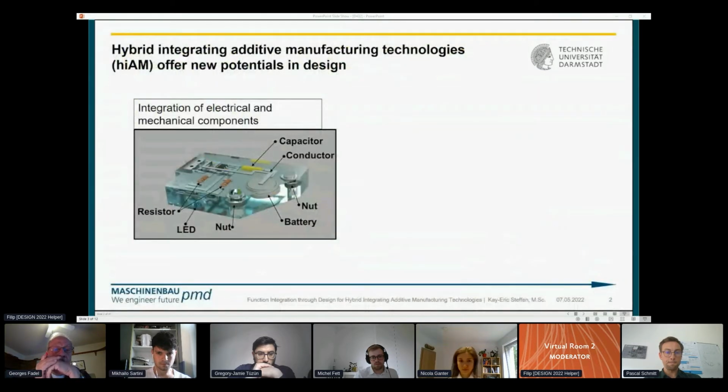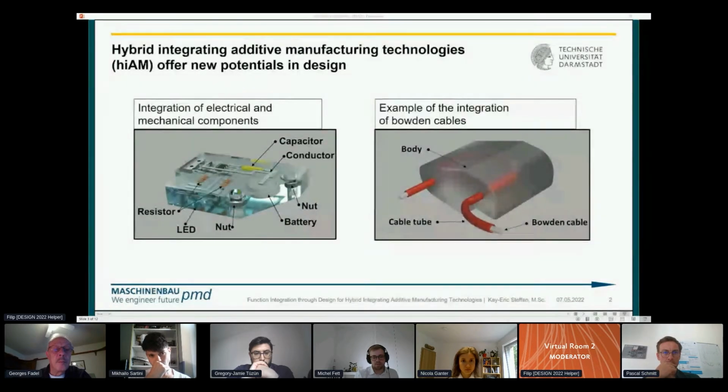High AM are hybrid technology combinations that integrate additional components due to the flexible layer-by-layer process of additive manufacturing technology. It is possible to integrate additional components into the part during production. In this hybrid part, electrical and mechanical components described in the literature, such as nuts, batteries, and resistors, are embedded in the body during the printing process.